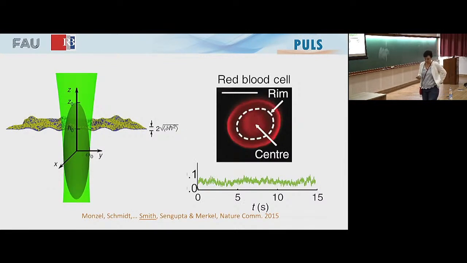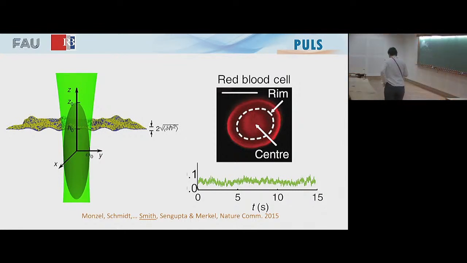And here I'm just basically presenting results which we've done with Cornelia Monzel, who is now a professor in Düsseldorf. So what she built was something which she called a dynamic optical spectral something. But in essence, it's an optical trap. And you have a membrane, you take a membrane of the cell, you flood it with fluorescent dye.